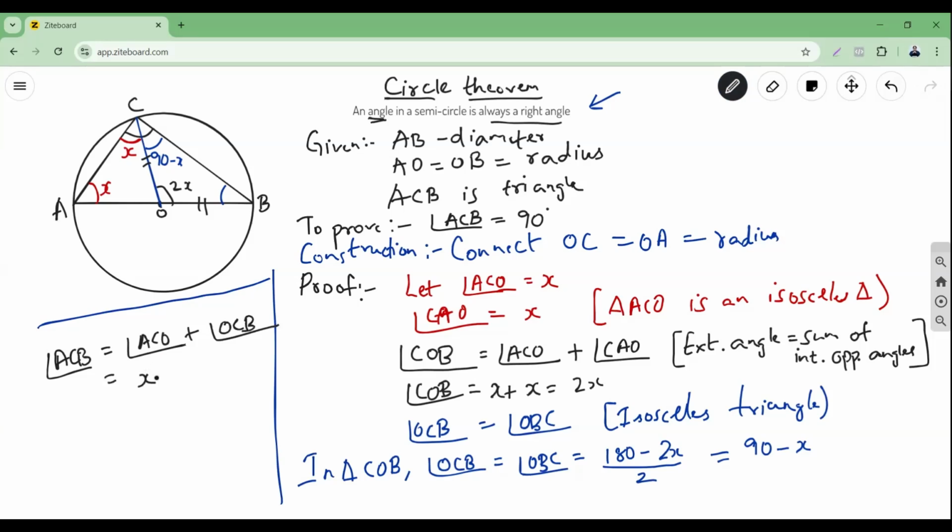ACO we know is x, red color, and OCB is 90 minus x, the blue color. When I add these two, I am getting 90 degrees. So angle ACB is 90 degrees, which is what we wanted to prove, and which we have proved. Hence proved.